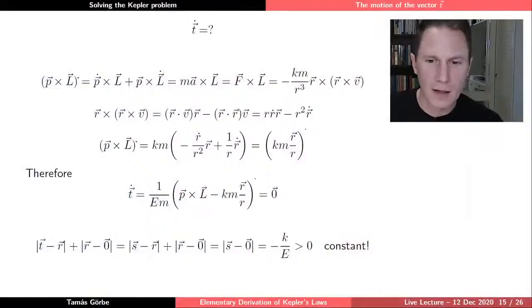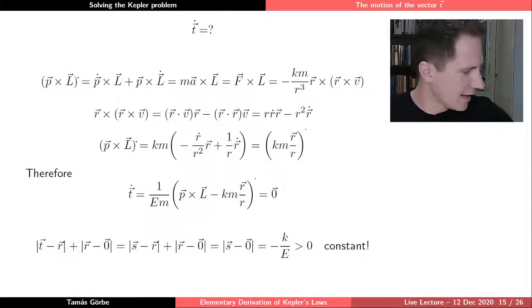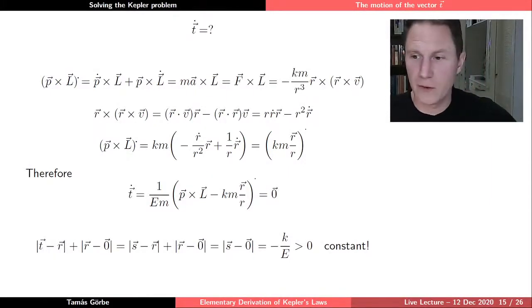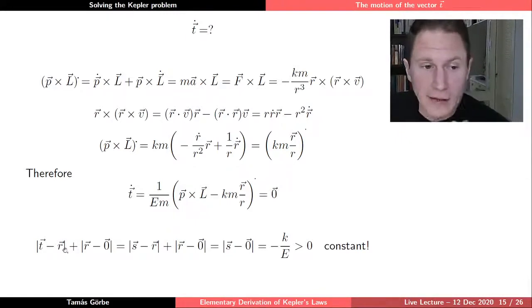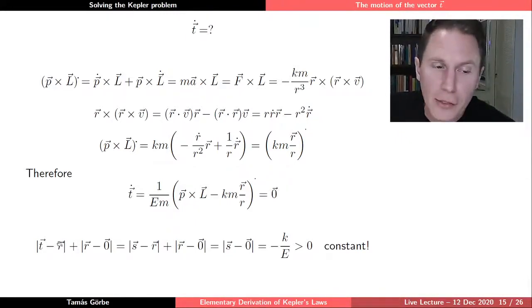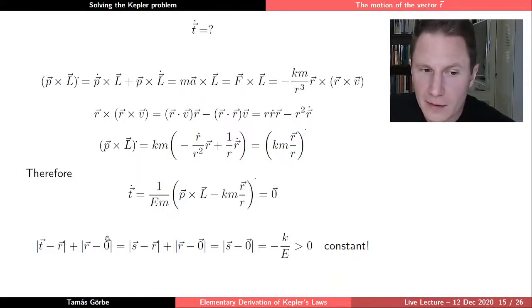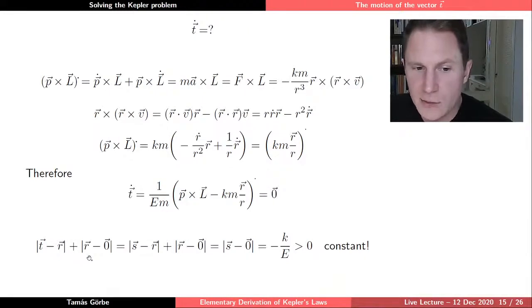So let me go back to the slides and show you that what we have found finally is that the distance of our planet from the origin and from this point t, if we take these two distances, r, the distance of r from t and the distance of r from the origin, and we add these two distances up, we get a constant.